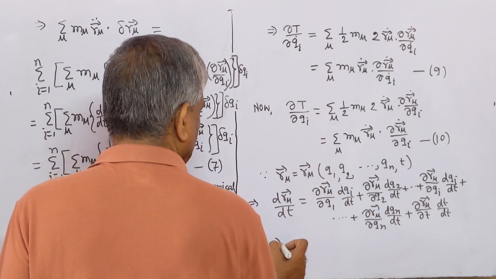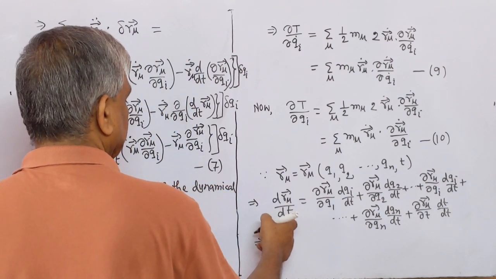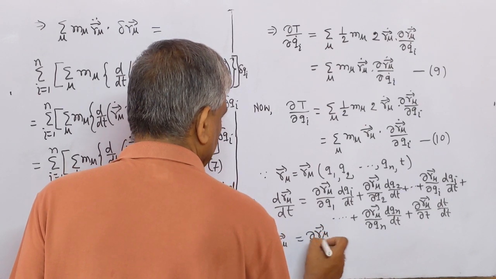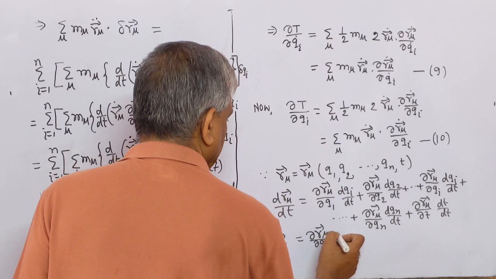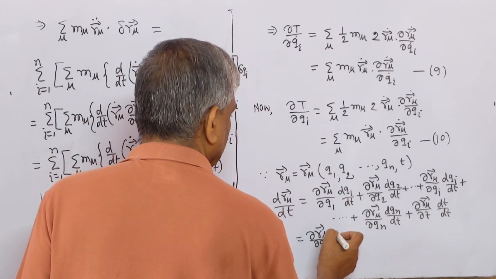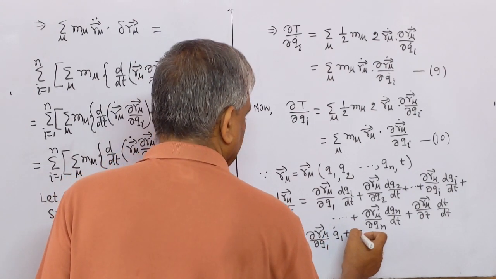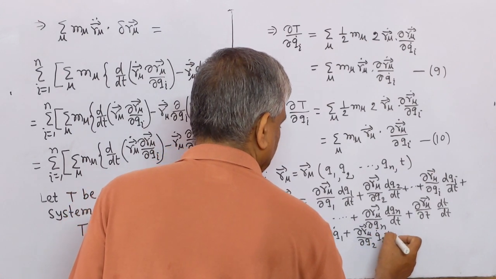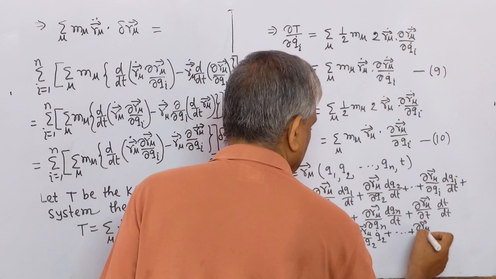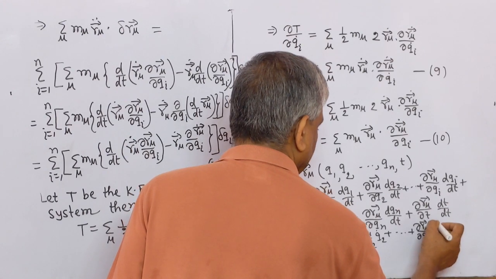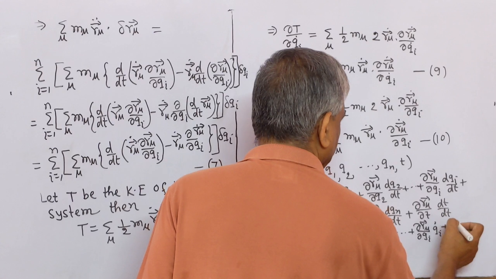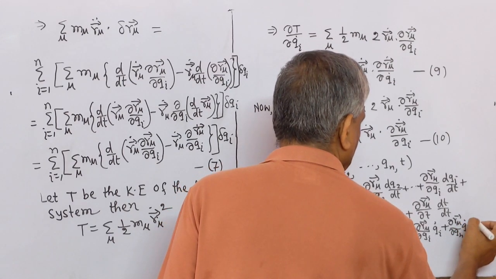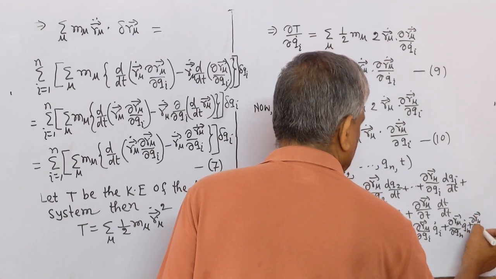We may write this as r_mu vector dot, derivative with respect to t, is dot, equal to partial derivative of r_mu vector with respect to q1 times q1 dot, here dq1/dt means q1 dot, plus partial derivative of r_mu vector with respect to q2 times q2 dot, plus partial derivative of r_mu vector with respect to q_i times q_i dot, plus partial derivative of r_mu vector with respect to qn times qn dot, plus partial derivative of r_mu vector with respect to t, dt/dt is 1.